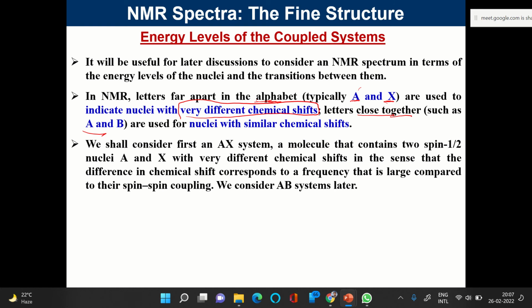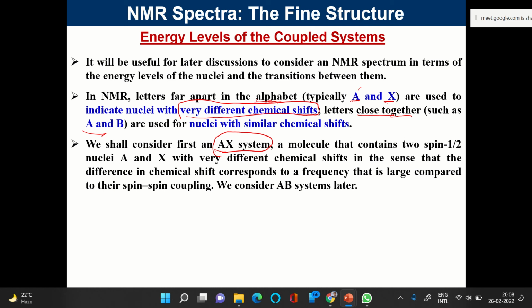So if we have two protons in two different environments, one with a higher chemical shift and the other with a low chemical shift, that system will be described as an AX system. This doesn't mean that they are far apart in 3D XYZ coordinates. They can be next-door neighbors in 3D space.